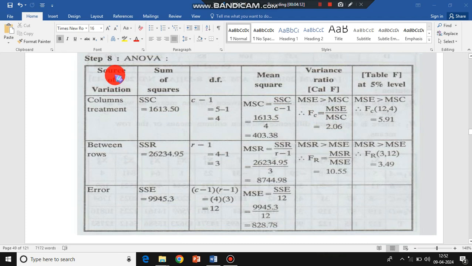So after calculating all these things, just compare the calculated value of f column wise and the table value of f column wise. If Fc is less than Ft, then we have to accept the null hypothesis.